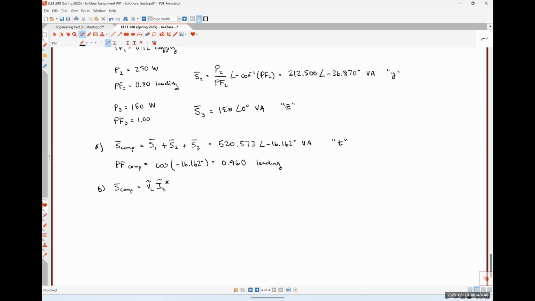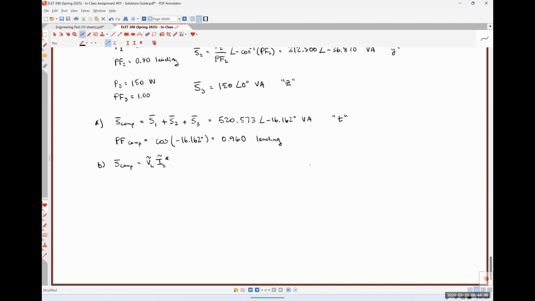That's just S is equal to V times I conjugate, where the voltage drop across our composite load is VL, and the total current entering our composite load is IS. So it stands to reason that we could algebraically rearrange this to solve for IS. If we divide both sides by VL, we're going to wind up having IS conjugate is equal to S composite divided by VL.